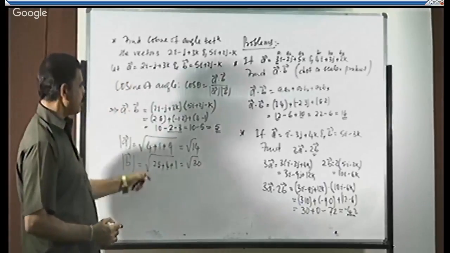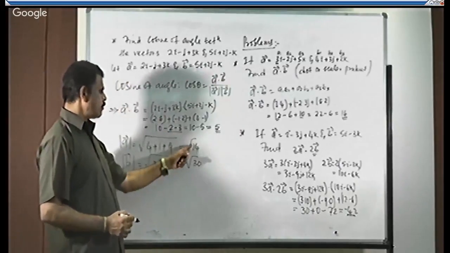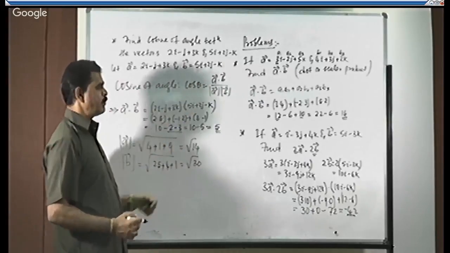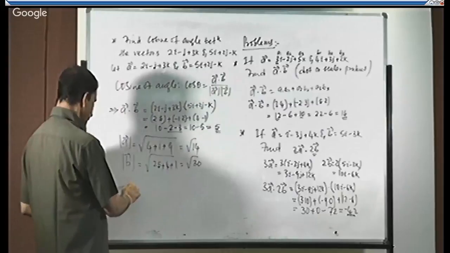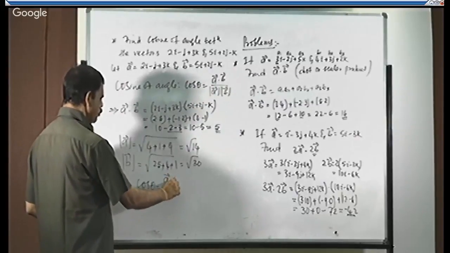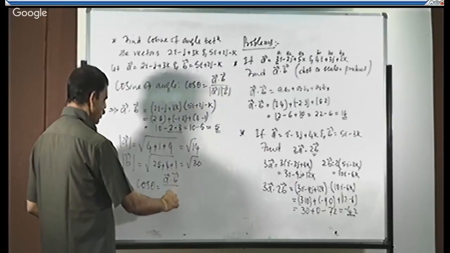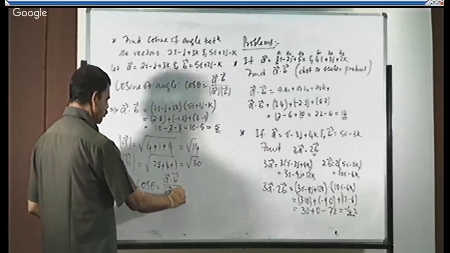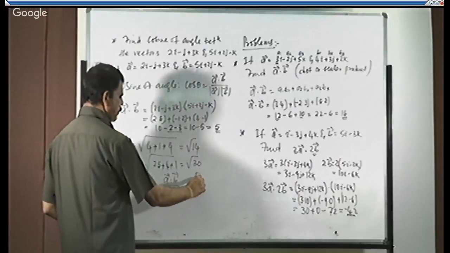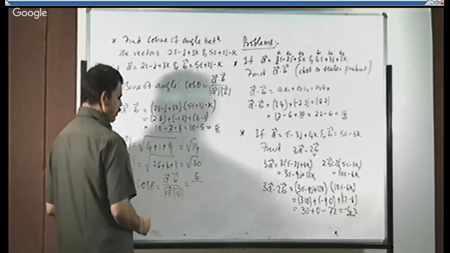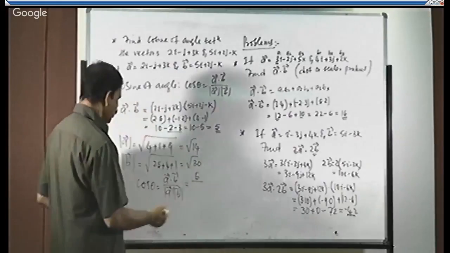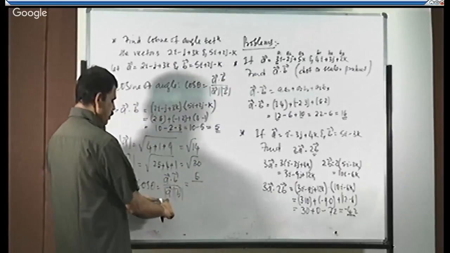So we got a dot b, magnitude a, magnitude b. Just substitute all the values in the formula. Therefore, cos theta is equal to a dot b divided by magnitude a into magnitude b. What is a dot b? It is 5. Sorry, dot product of a and b is 5. What is magnitude of a?